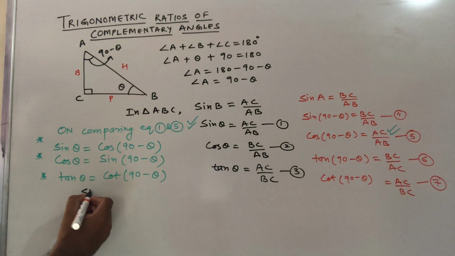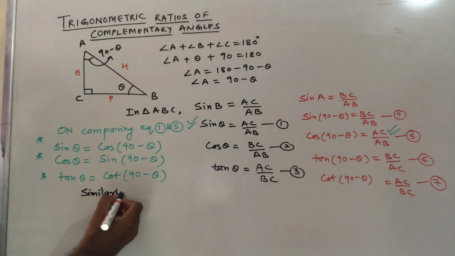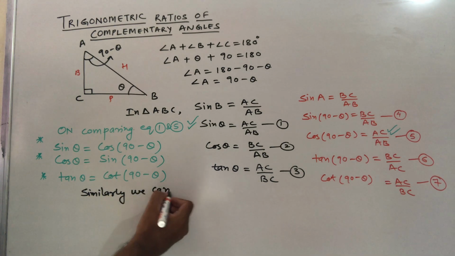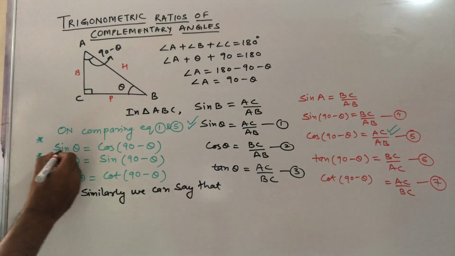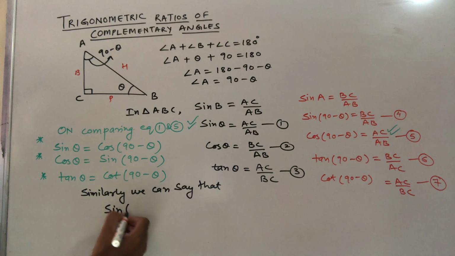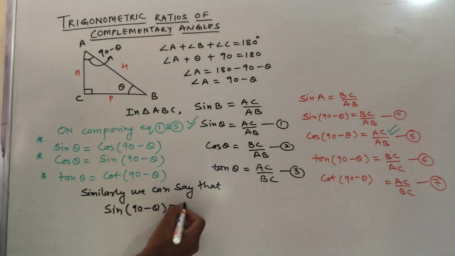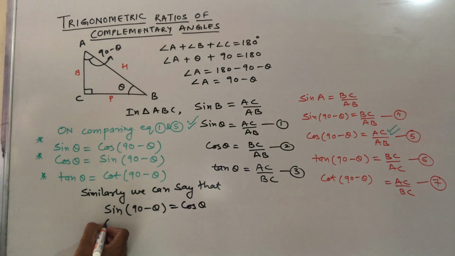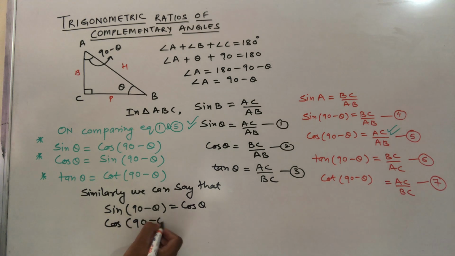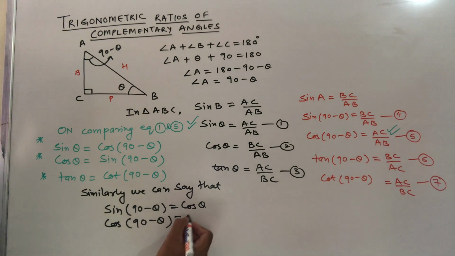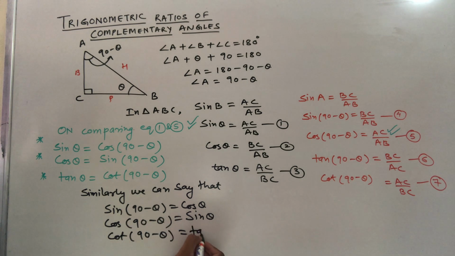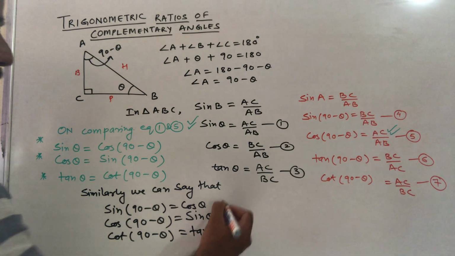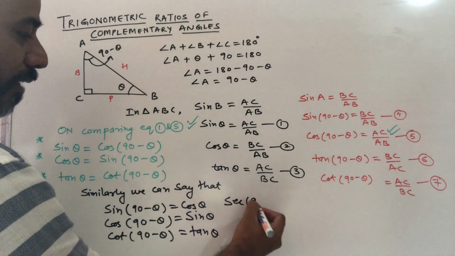Similarly, we can also say the opposite of them: sin 90 minus theta is cos theta, cos 90 minus theta is sin theta, and cot 90 minus theta is tan theta. And one more result is there, sec 90 minus theta.